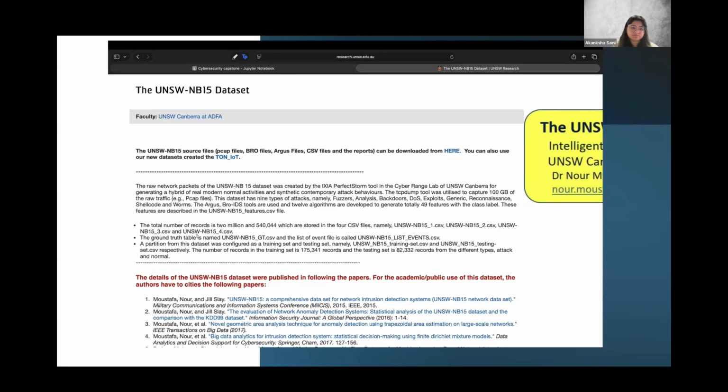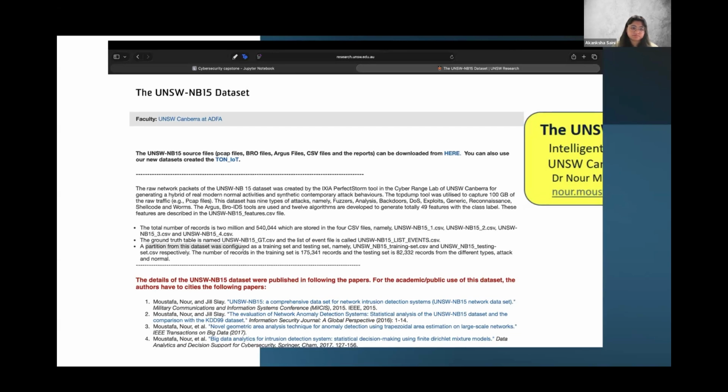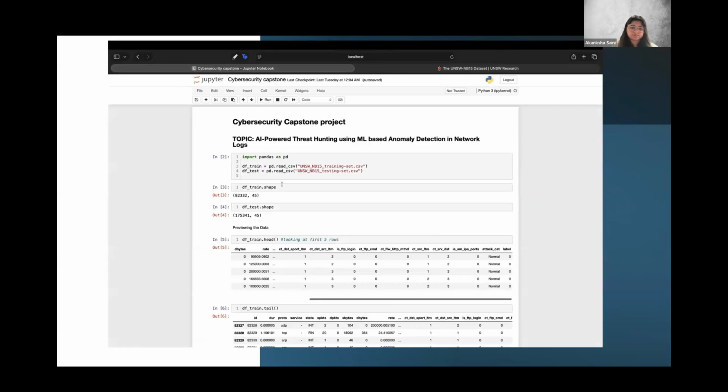So we first started by downloading the pre-partitioned dataset, which was configured as training and testing set. Then we imported this dataset into our Jupyter notebook and analyzed it using Python. As you can see from the shape command, we are working with a massive dataset of network flow.